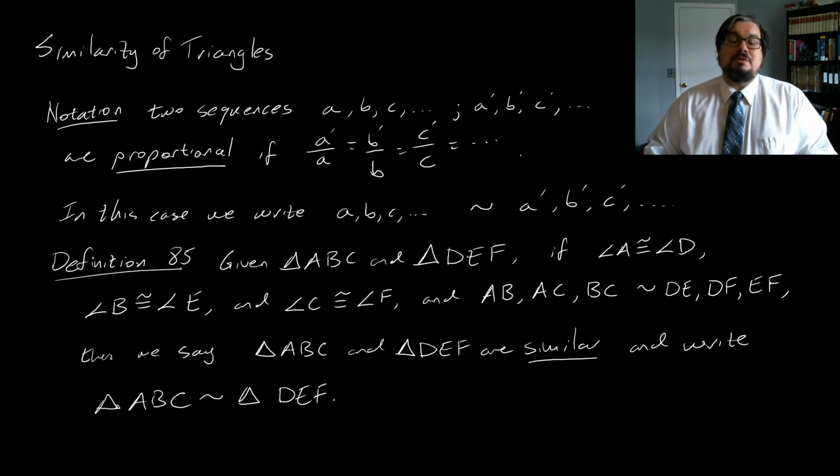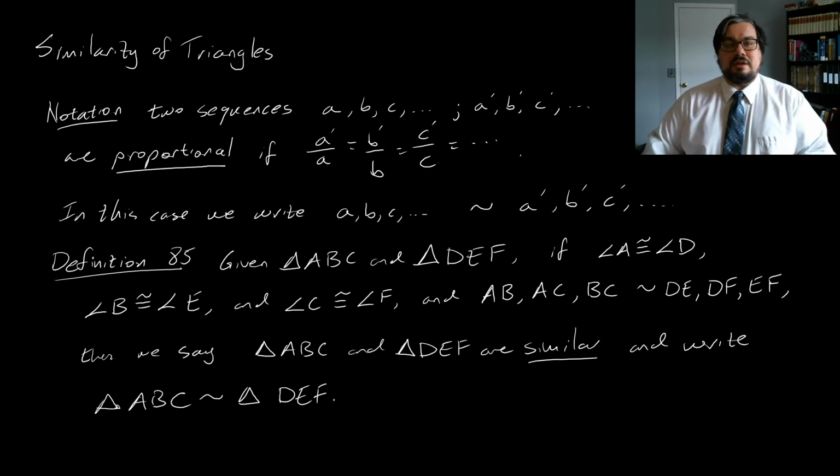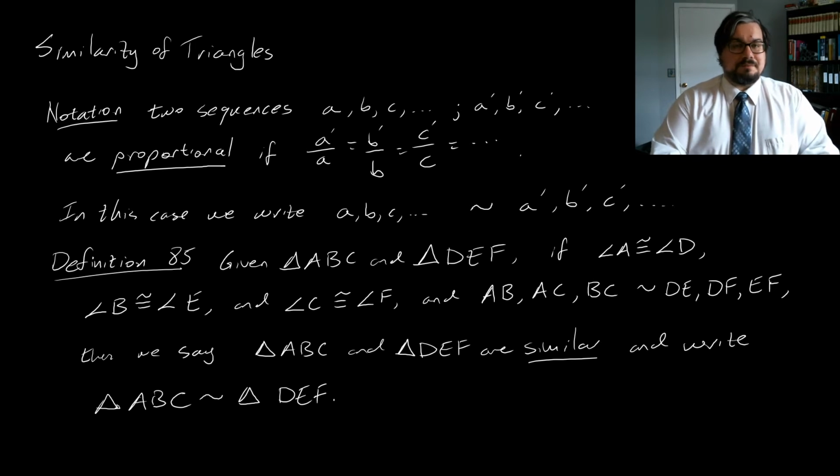Now, as I say, the differences here are fairly minor and very much a matter of style. So you may see in other treatments of geometry that the definition of similarity has a little bit less to it, but then they include some theorems that sort of go in the opposite direction of some of the theorems that we're going to prove. So let's go ahead and prove one of those theorems.